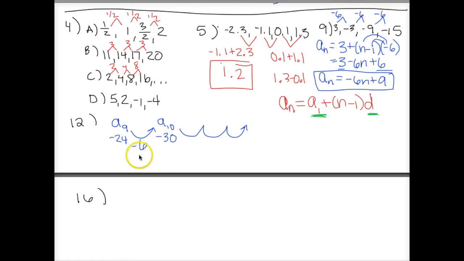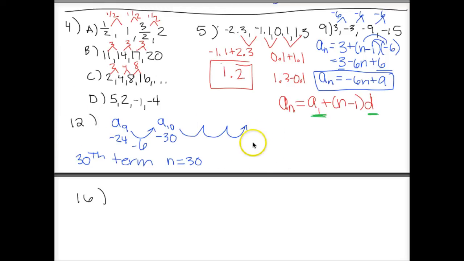So if I'm trying to find, in this case, the 30th term, the 30th term means that n is 30. So I can use this formula to help me figure out a1 first, because I need that. You could also count backwards if you want to add 6 instead of subtracting 6 all the way back to a sub 1.